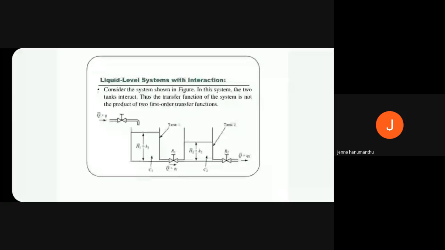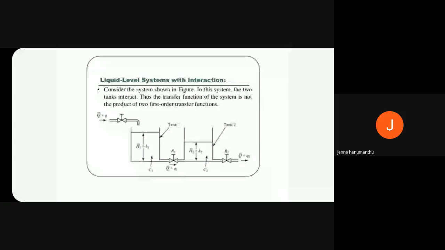For tank 1, we are defining input flow rate Q, level H, capacitance C, and resistance R. Similarly for tank 2. Remember, these two tanks are connected on the same line.